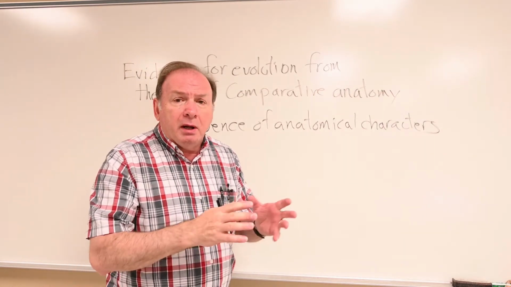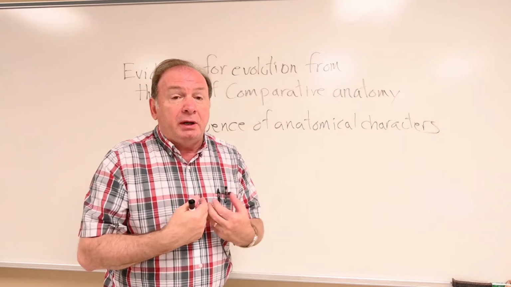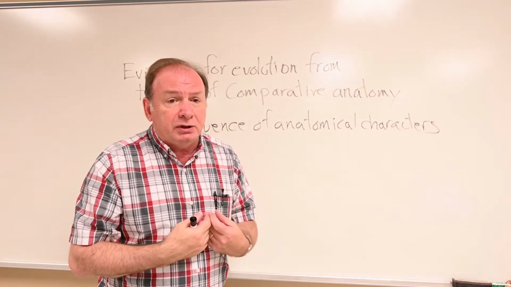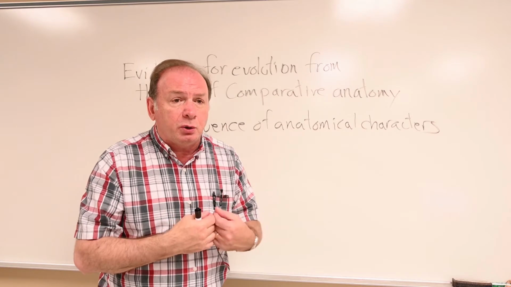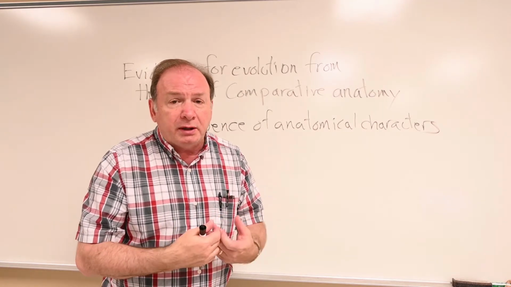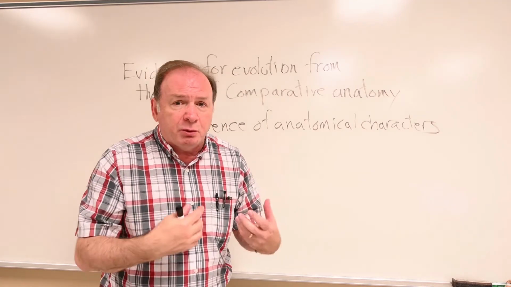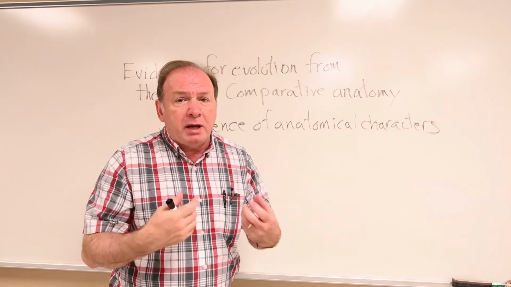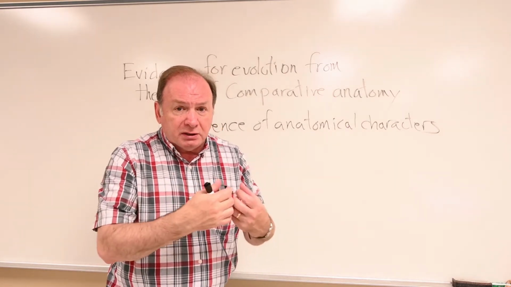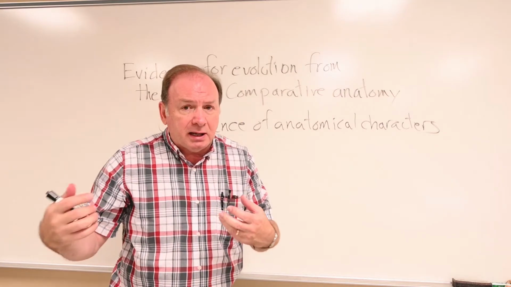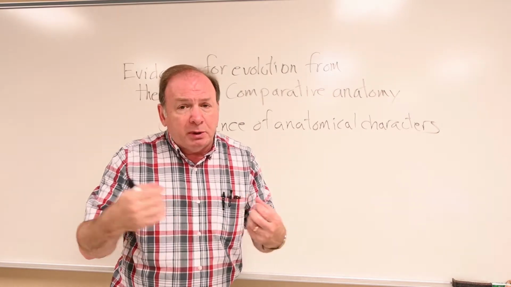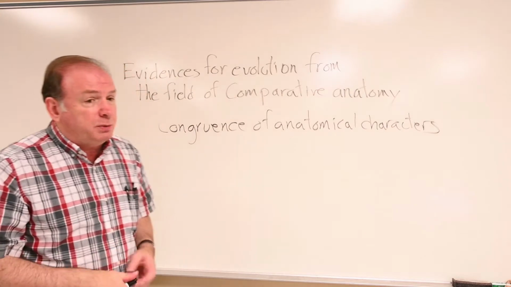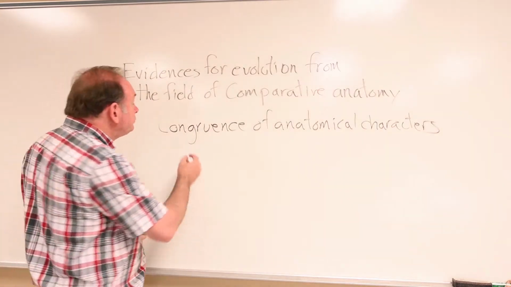And so anyway, internally, if we went in and we looked at the organization of their digestive system, their circulatory system, urinary and reproductive systems, and other tissues, the attachment of muscles, the shapes of their bones, there would be a lot of agreement. If we had a new species of cat, we would see that it was basically the same and had a lot of similarities to all the other cat species out there.